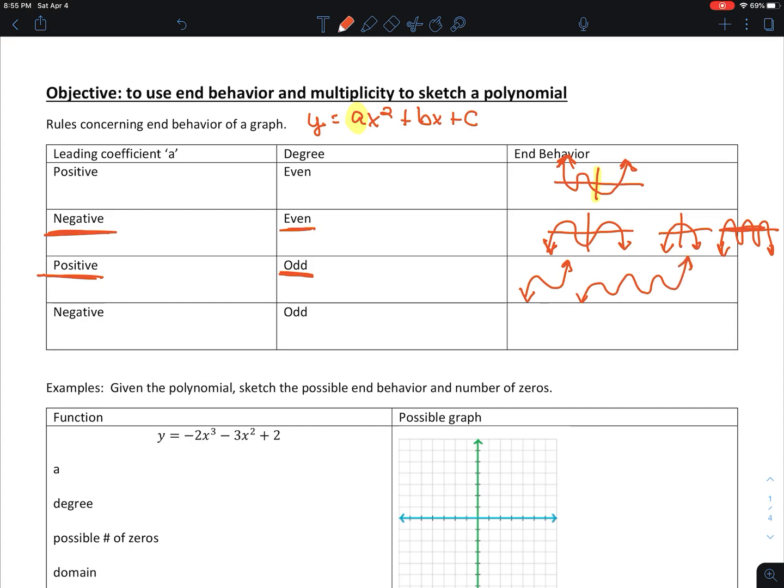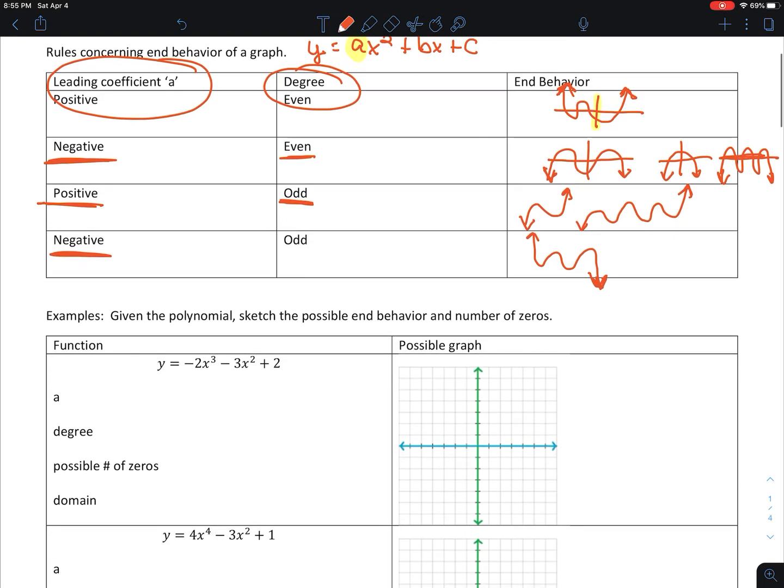But if our leading coefficient is negative and we're odd, then it's just switched. The left side goes to positive infinity, and the right side goes towards negative infinity. So these are the four different shapes a polynomial will take on. We look at the leading coefficient a, whether it's positive or negative, and the degree to determine how to graph this function.